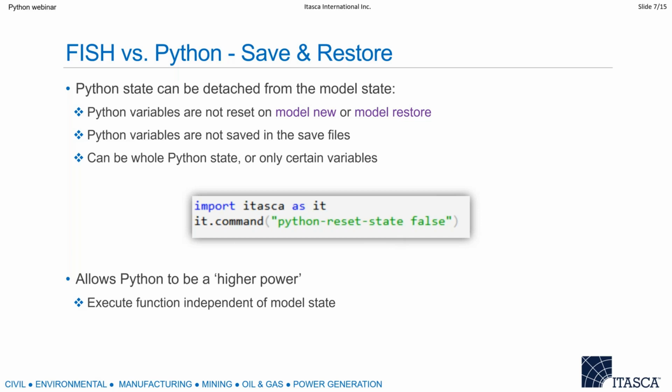By default, the Python variables are not saved in the save file, but you can save the whole Python state, or only certain variables if you want. This feature allows Python to be more powerful, so you can execute Python functions independent of the model state.